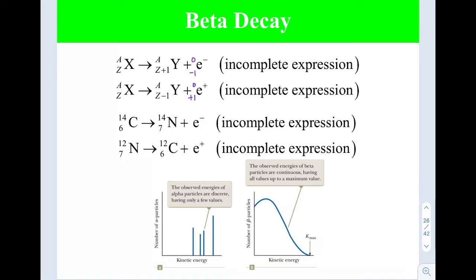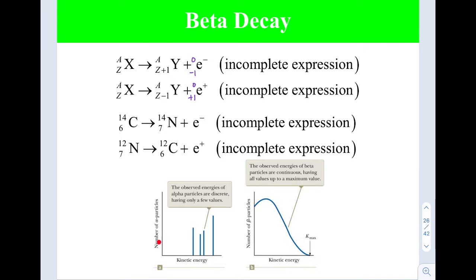For example, carbon 14 decayed by one beta, or negatron, or electron, to become nitrogen 14. And for nitrogen 12, to decay to become carbon 12, it decayed one positron. This is an example.